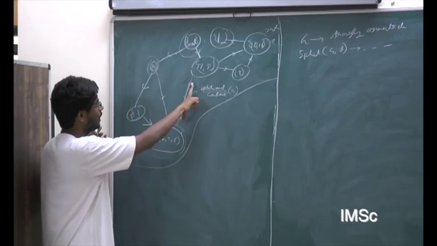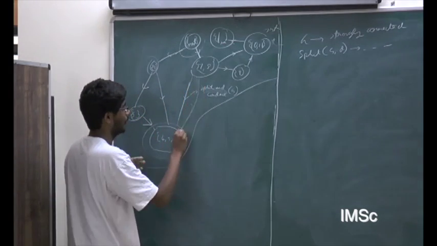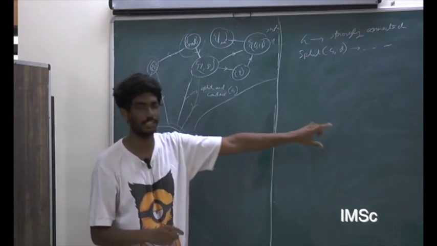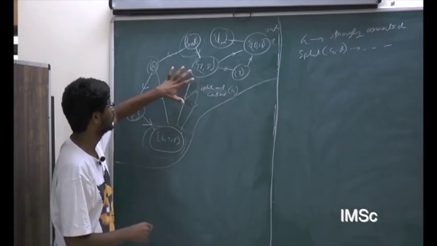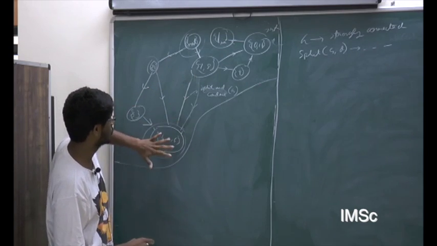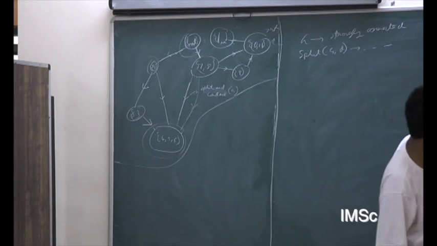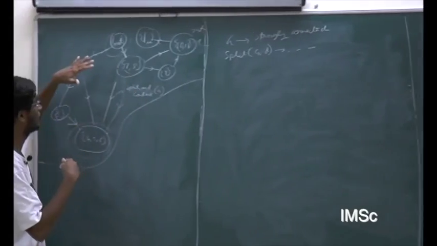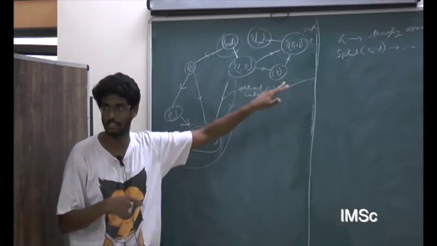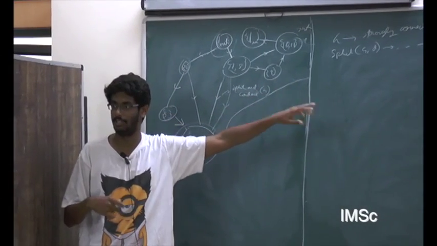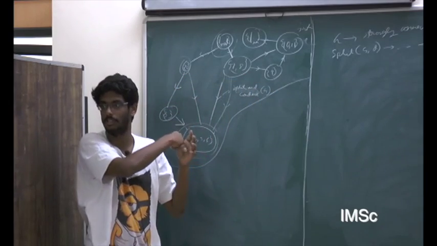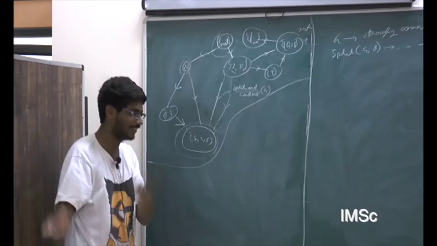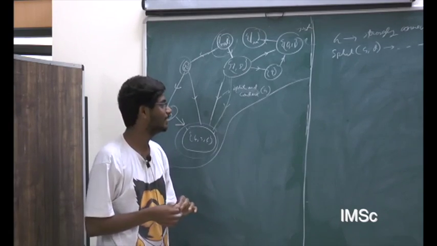Notice that every edge here, even double edges, corresponds to an actual edge in G. The edge from this component to this component was actually this edge and this edge. So there is an injective map from the edges of the split and condensed G to the edges of G.